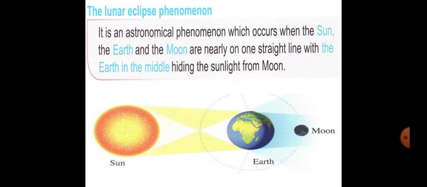So, here the Earth is in the middle. In the solar eclipse, the Moon was in the middle, but here Earth is in the middle between Sun and Moon, hiding the sunlight from the Moon.